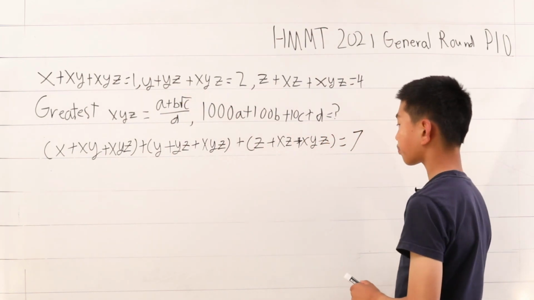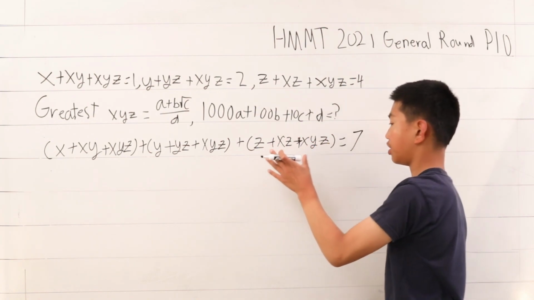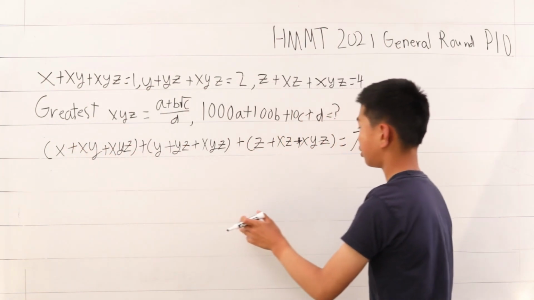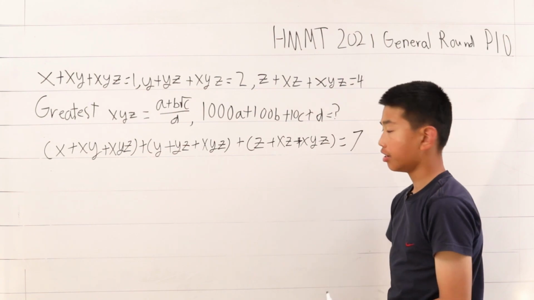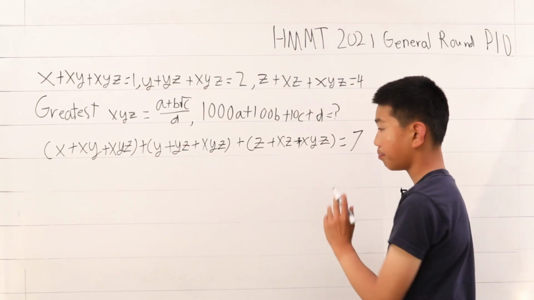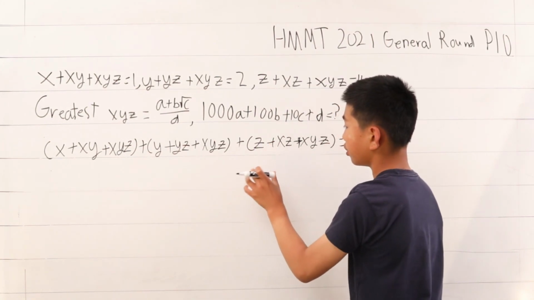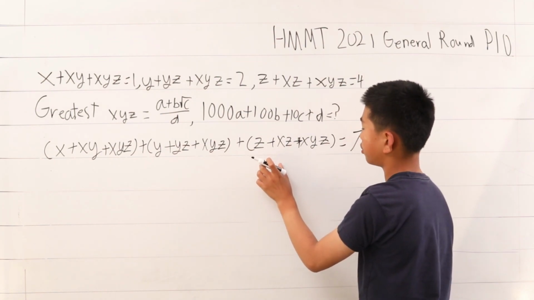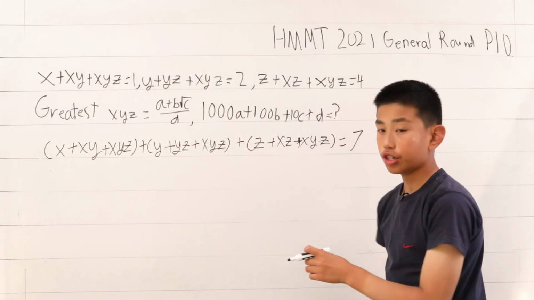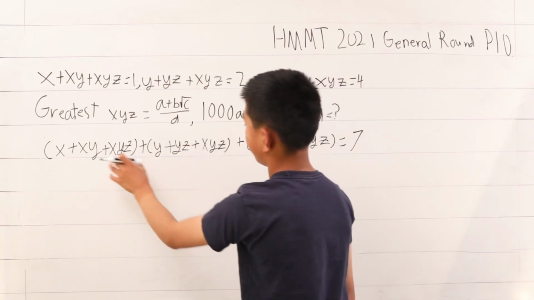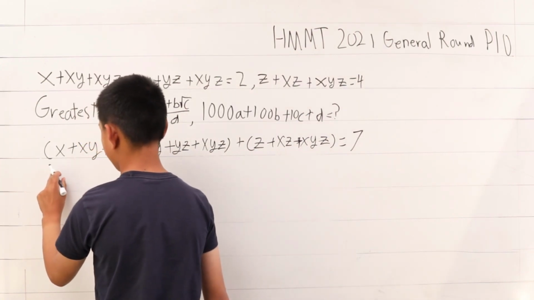And now we see that all three of these equations have one similar term being added. That is xyz. We can factor things out from the first two terms, but not the xyz, because they are all the same through the three equations.